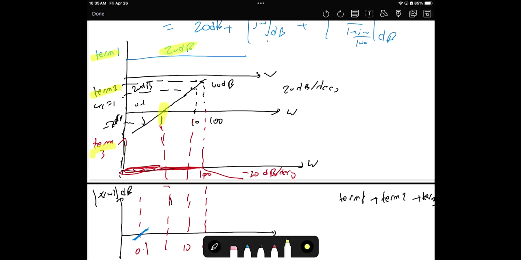So it will increase linearly. Now, how about at 10? Here it is 20, and here is 20. This is 0. So 20 plus 20 is 40, correct? So it will be 40.